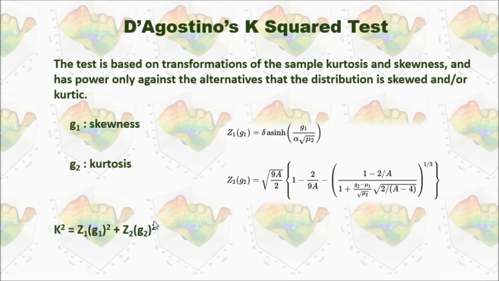You can see if the skewness and the kurtosis are all close to 0, we will get a very small K-squared. Please remember this Agostino's K-squared test only focuses on kurtosis and skewness.